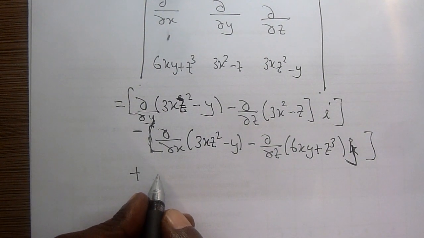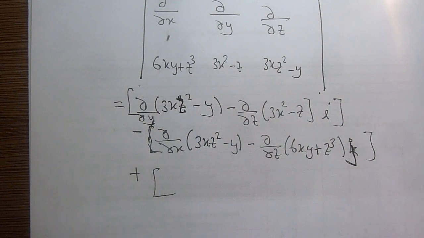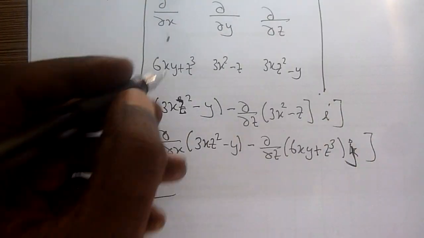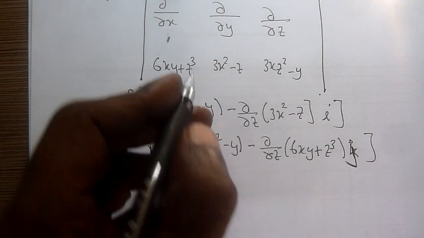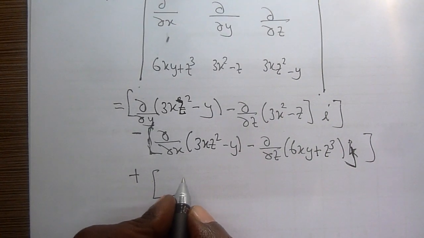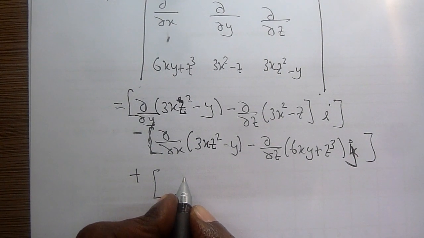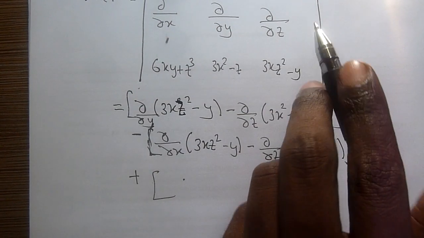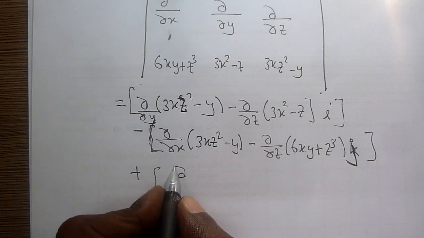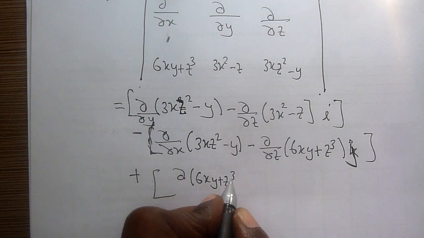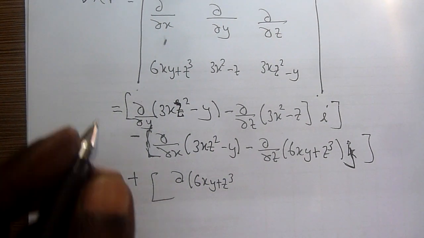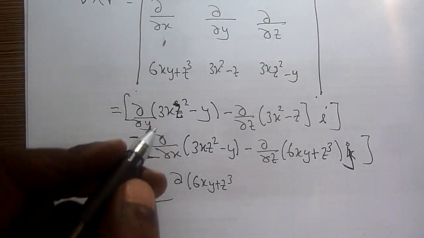Now for the third one, you just hide here, then you can get this one. If I hide this, you will get 6xy plus z^3. Sorry, what am I doing?